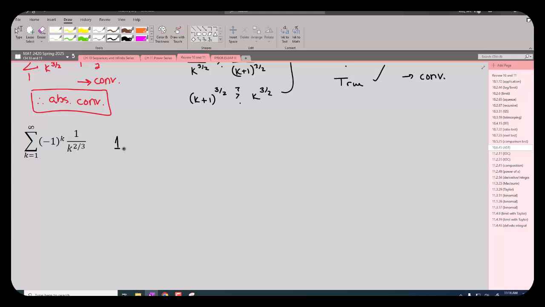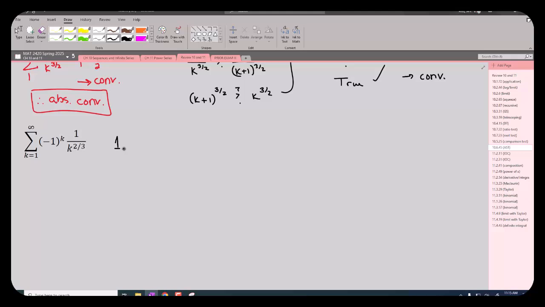When you look at this in chapter 11 as an endpoint classification, you would say, oh yeah, the limit of a sub k is 0, and it's alternating. That's enough. It's converging. In chapter 11, we don't give a hoot whether it's conditional or absolute. If we're just analyzing that, all we care about is does it converge or diverge. We don't have to do any sort of analysis without the switch.